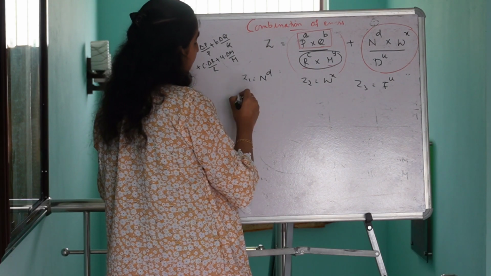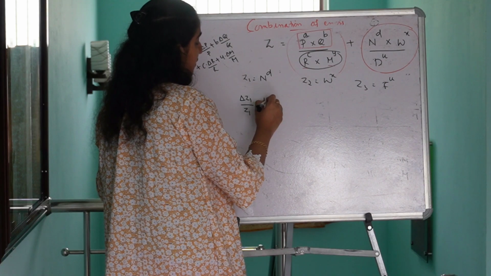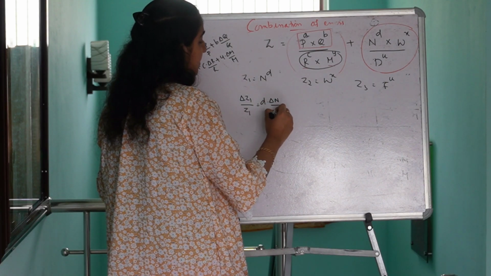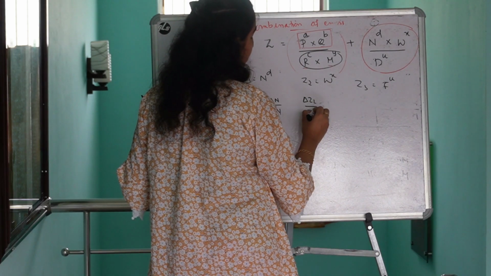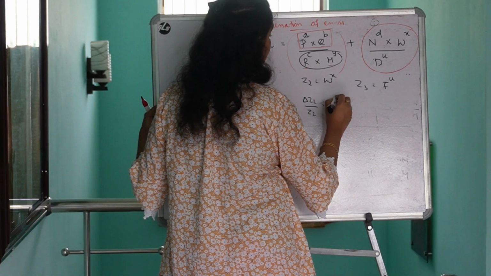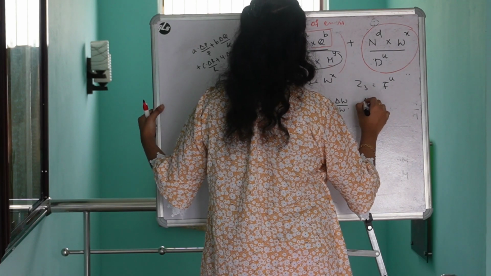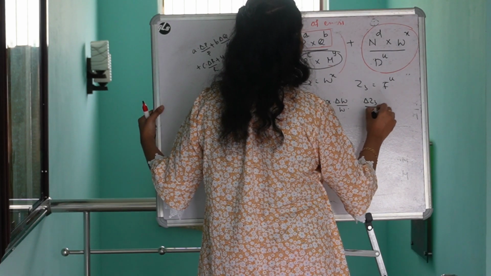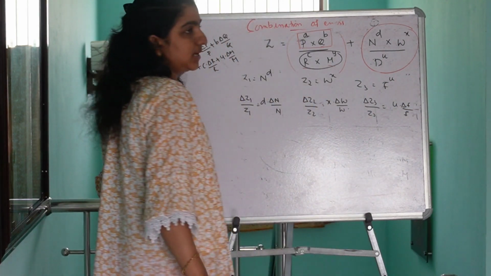Here I have to find the relative error in Z1. So I got d del n by n. Again, relative error in Z2 is equal to x del w by w, and relative error in Z3 is equal to u del f by f. Is it clear, guys, up to this step?